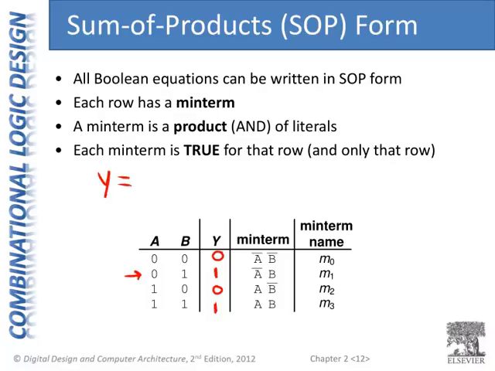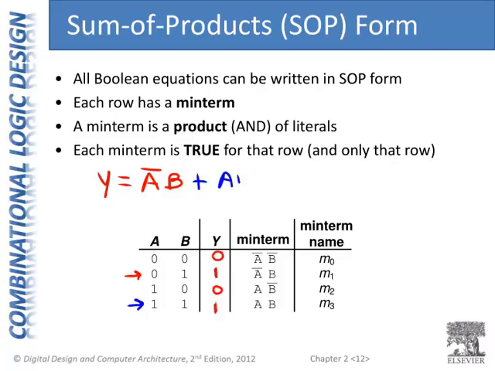So let's see what would happen if we just write y equals, well, we want it to be 1 in the case that A is 0, B is 1. So A bar B. So if we just had that as our equation, y equals A bar B, then the output y would be true when A is low and B is high, and only in that case. But there are other cases where we want the output y to be true, and in fact the other case is where, so we OR it, say either that case or when A is 1 and B is 1.